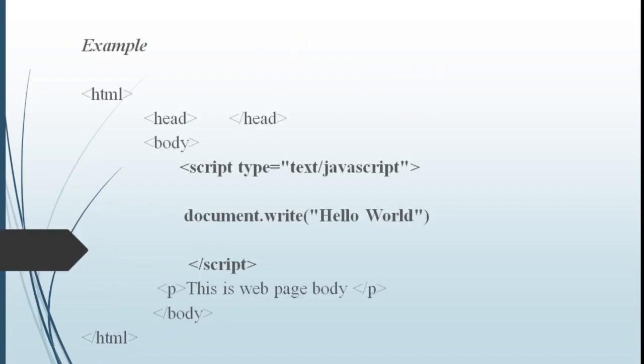Example for this. In the head section, I have placed a click event. Here, directly when a page loads, the script tag will be loaded. Body, script type equals text/JavaScript, document.write hello world. This is the web page body. The output of this program will be hello world.